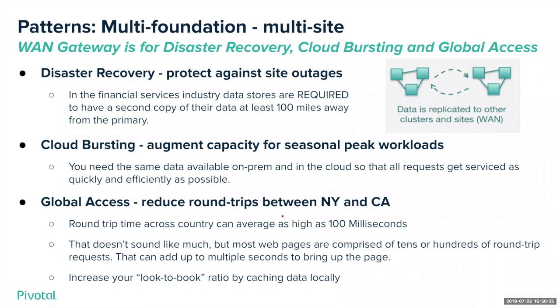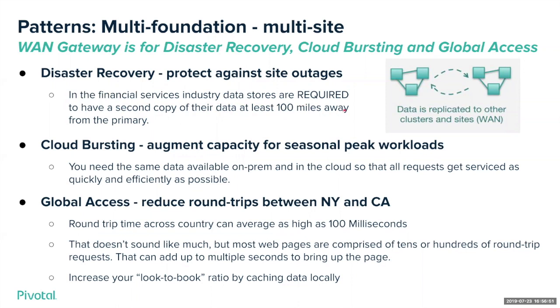Another pattern is this multi-foundation, multi-site. There are three reasons why you might consider multi-foundation, multi-site. The first reason is a disaster recovery scenario, especially in the financial industry, right? They have a mandatory requirement that they always keep a second copy of the data at least 100 miles away from the primary.